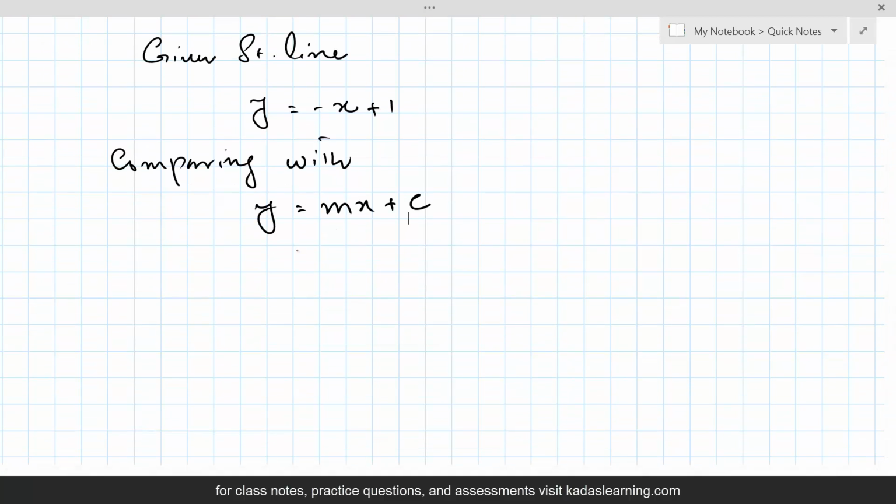Here m is equal to minus 1 and c is equal to plus 1.